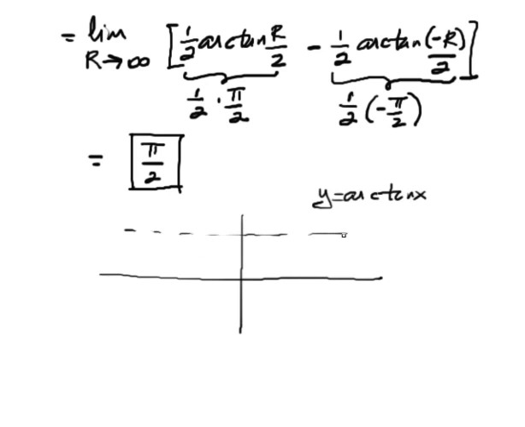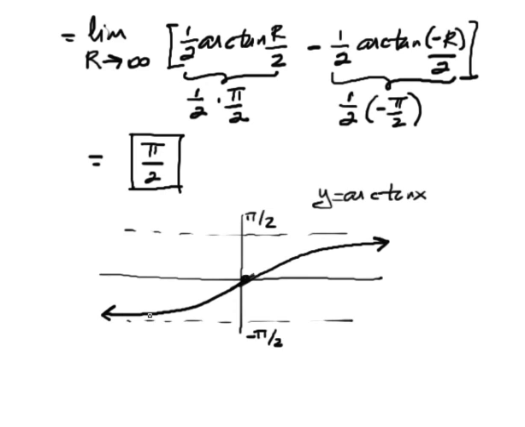We have a horizontal asymptote at the top and another one at the bottom, at pi over 2 and at minus pi over 2. Arctan is approaching pi over 2 on the right, and it approaches minus pi over 2 on the left. Okay, so that's where we got these from.